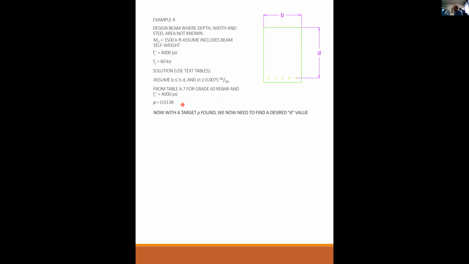You could have a totally different set of assumptions. If you have 3 unknowns, then you need 2 assumptions to guide you. So that I'm giving you 2 guides for 3 unknowns is consistent. But half D and epsilon T equal to 0.075, it could be anything I make up.